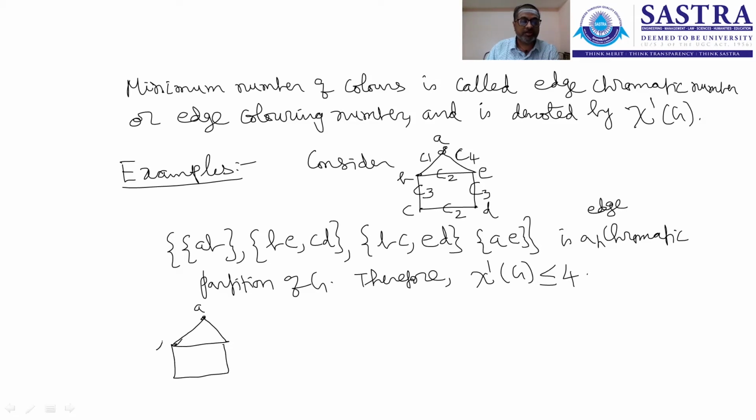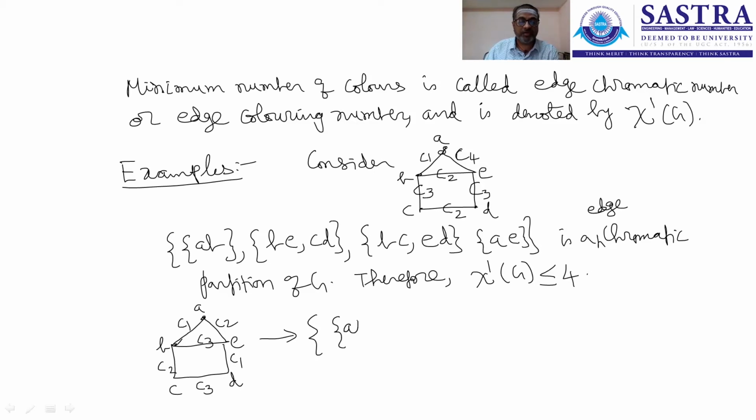Let me write A, B, C, D, and this one is E. Suppose I give C1, C2, C3: here I will have C3, here I can give C2, and here I can give C1. So now I am able to get a partition which is minimum.